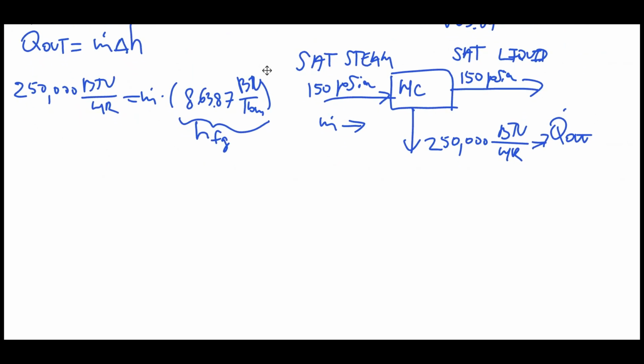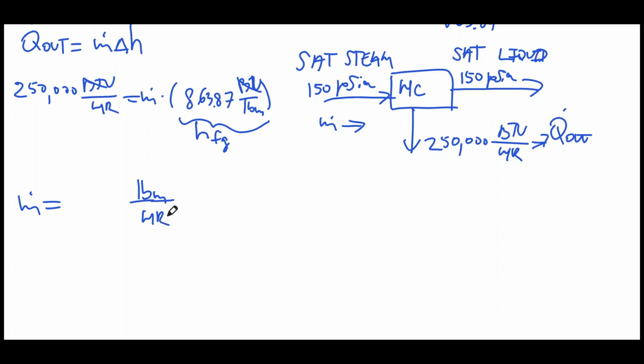So now we obtain our mass flow in this case. The BTUs will cancel out, and the flow is going to be in LBM per hour.